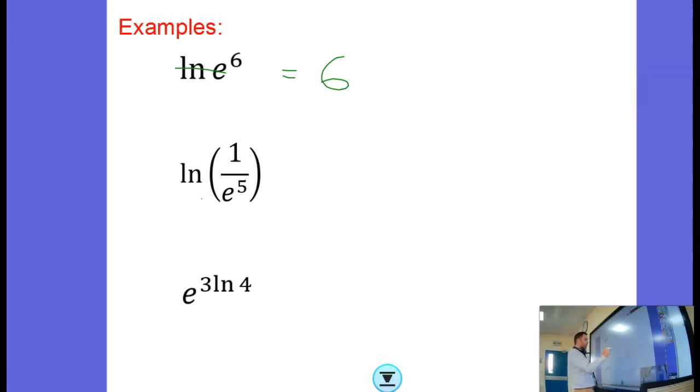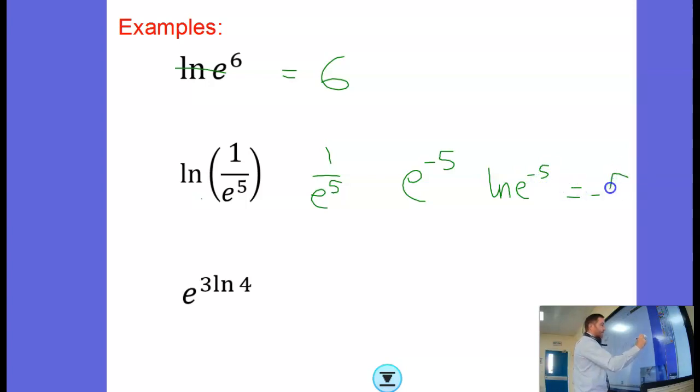I know that 1 over e to the power of 5 is the same as e to the power of negative 5. You need to be comfortable with your negative indices. So if I write this out as ln of e to the power of negative 5, you can see I've got that same thing, cancel the ln and the e, and so I get negative 5.